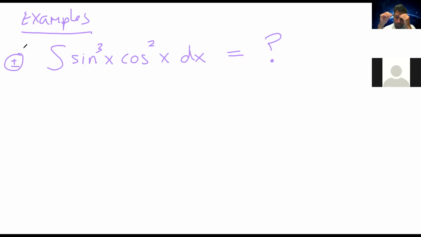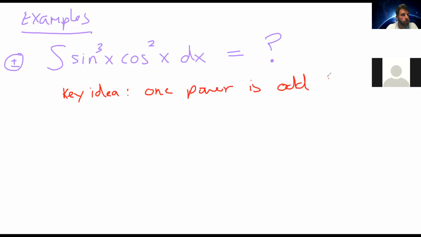So here's the key idea. It's to take advantage of that odd power. So here's how I would do it. Here's the key idea for me, or the key thing to note. One power is odd, and that suggests the following strategy.